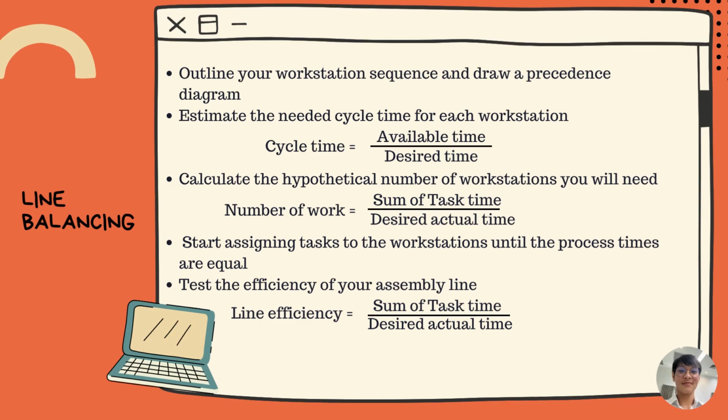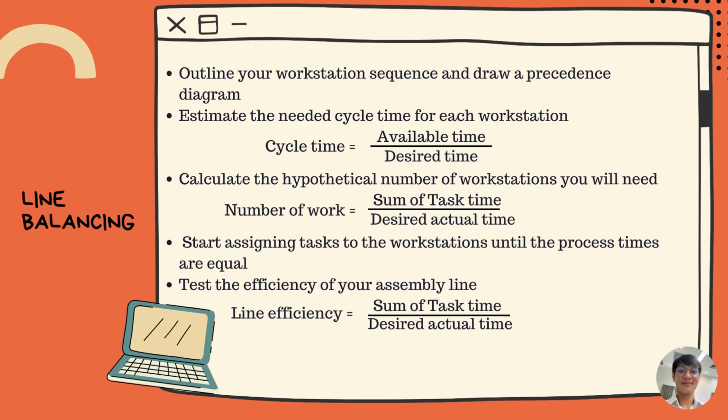Next, line balancing. Line balancing is balancing the time for each station. If it's not equal, we choose the most time. The steps of line balancing: start by outlining your workstations and frequency, and draw a precedence diagram.